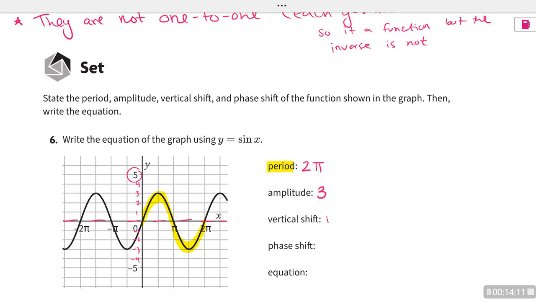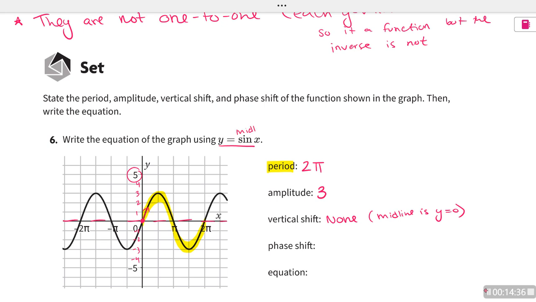So the vertical shift, there is none, right? Our midline is y equals 0. Okay, phase shift. Since it wants us to use y equals sine of x, that typically starts at the midline increasing.